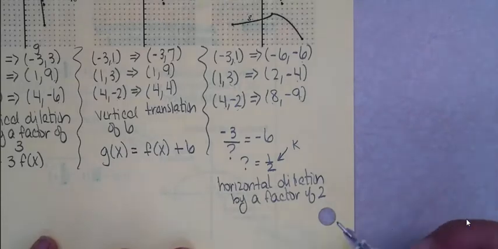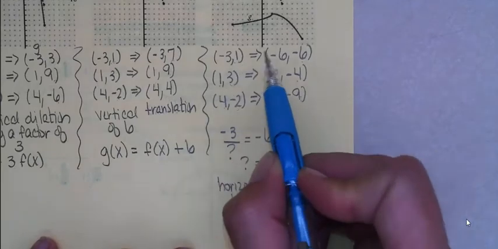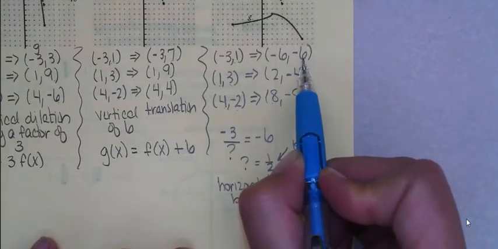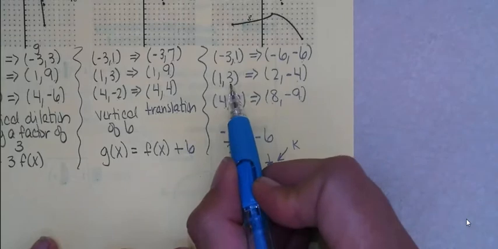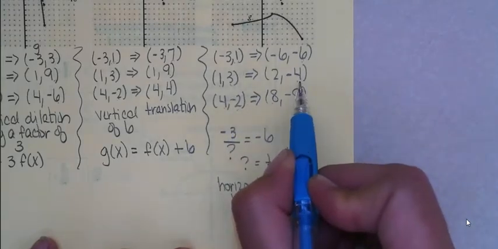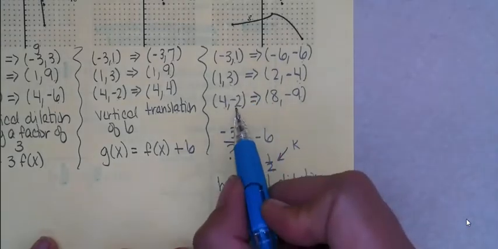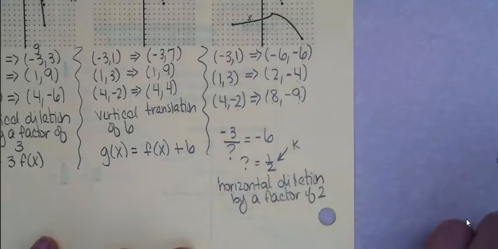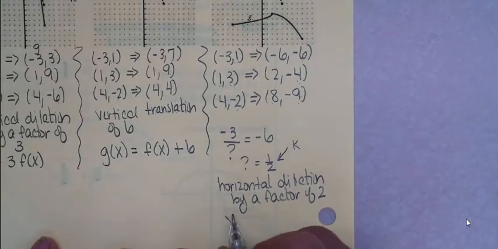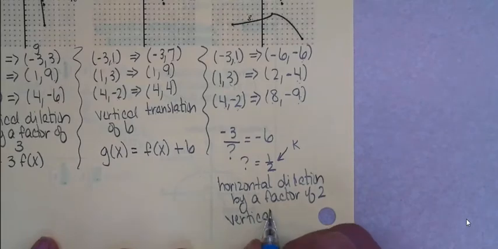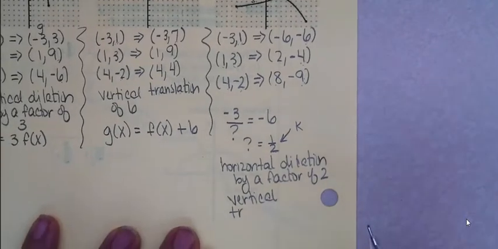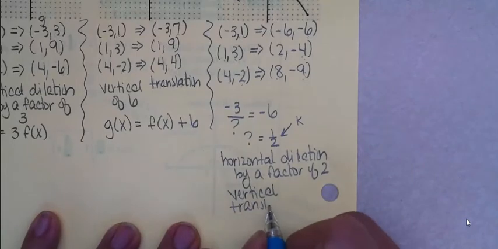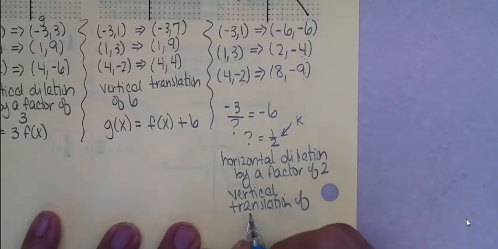Okay, let's see if there's then a shift or a translation that happened. So to go from 1 to -6, I had to subtract 7. 3 to -4, well, that's also subtracting 7 from 3. And -2 to -9, that's also subtracting 7. So I know that I had a shift down, or I had a vertical translation of -7.